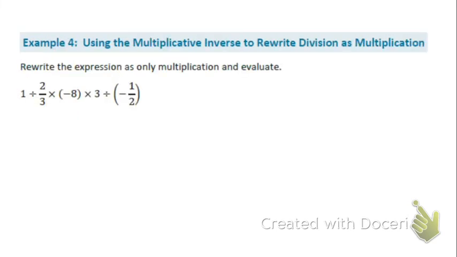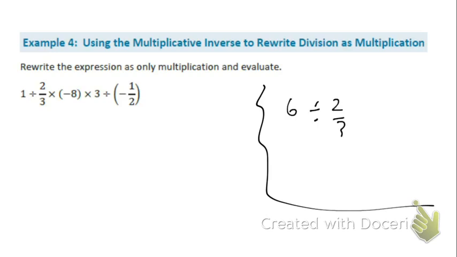Alright, next part. Example 4 says use the multiplicative inverse to rewrite division as multiplication. So let's see. Before we look at the problem, just kind of a reminder. I'm doing 6 divided by 2/3. Before I can do that problem, we get to change it to 6 times 3 over 2.